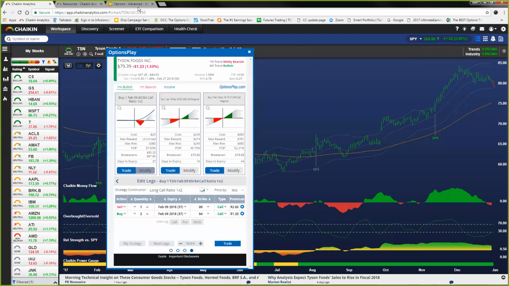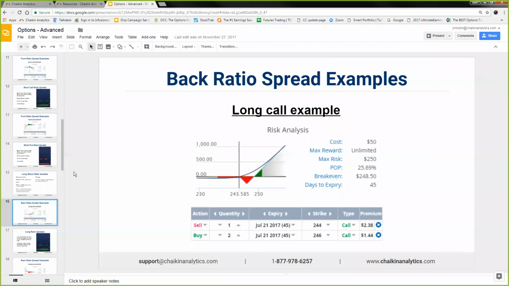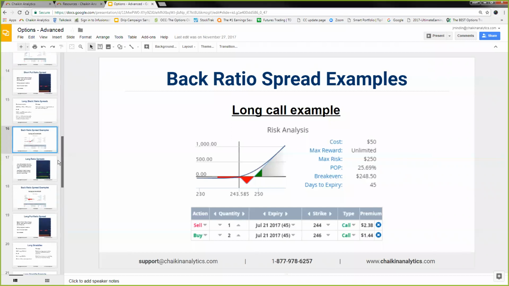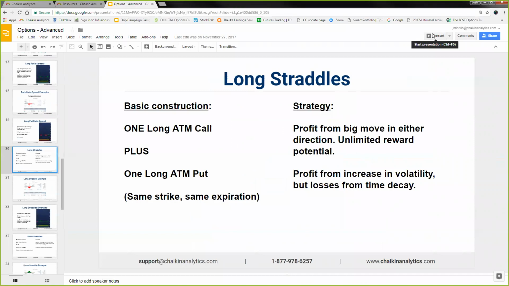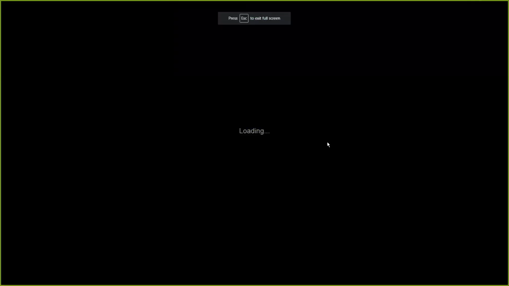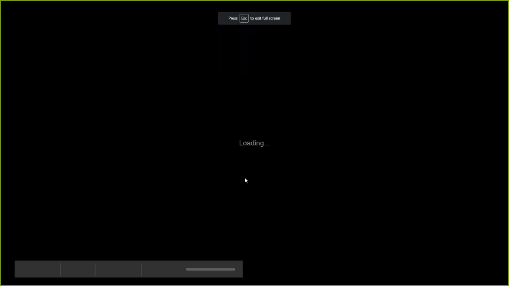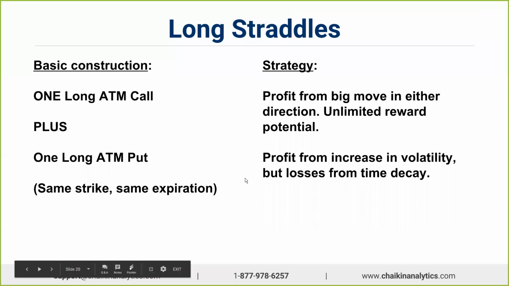Straddles and strangles. I'm going to cover these together. So a long straddle is where we buy a call and a put at the same strike for the same expiration.